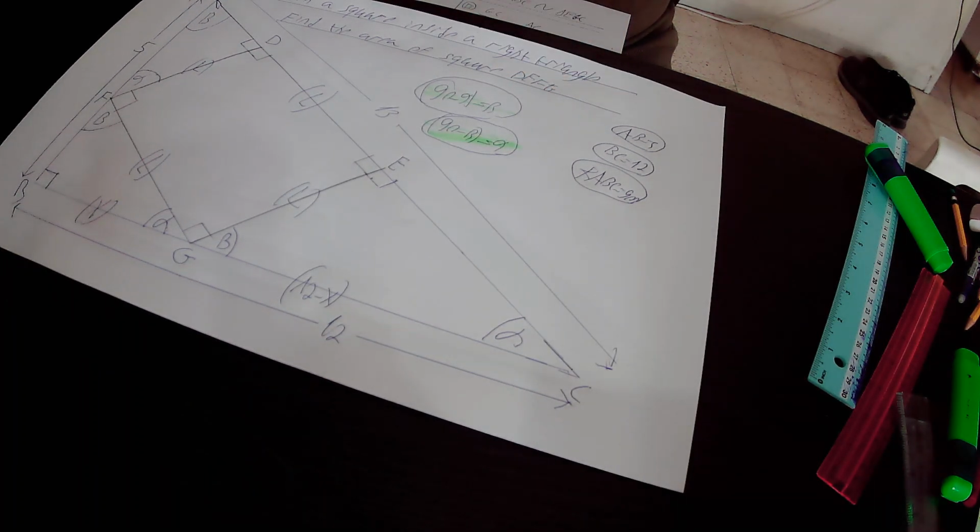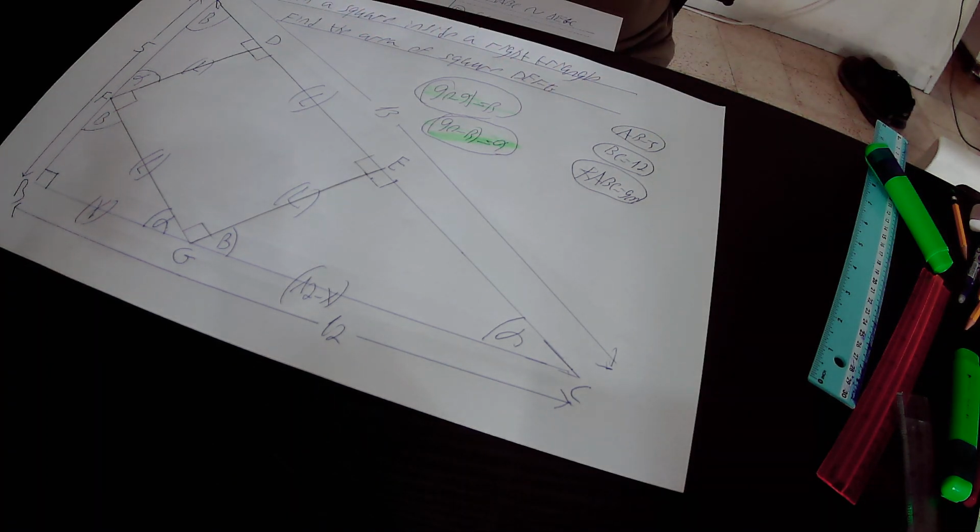Okay, then we also have the rule that the sum of the angles on one side of a straight line is equal to 180 degrees. The hypotenuse AC is one side of a triangle, it is absolutely a straight line.